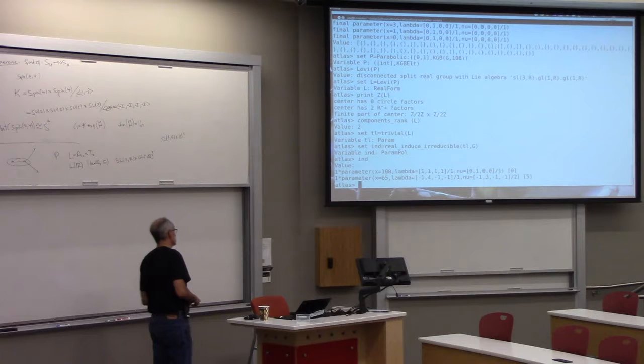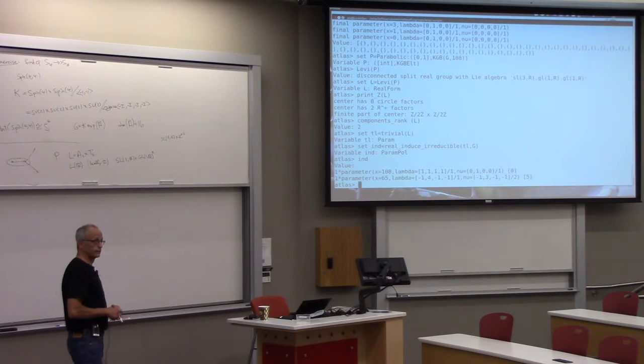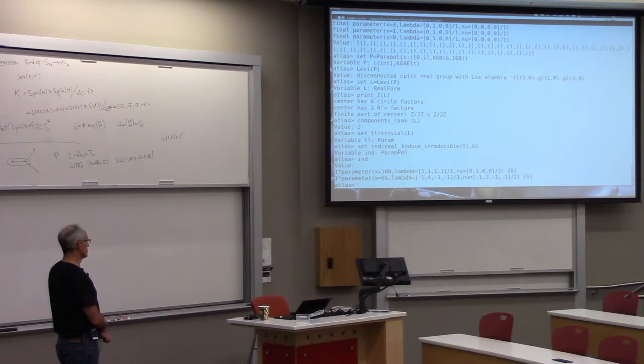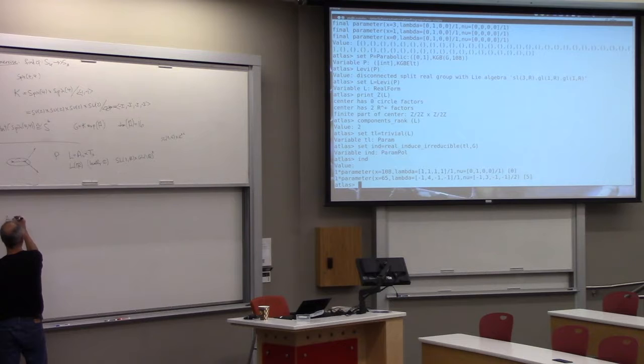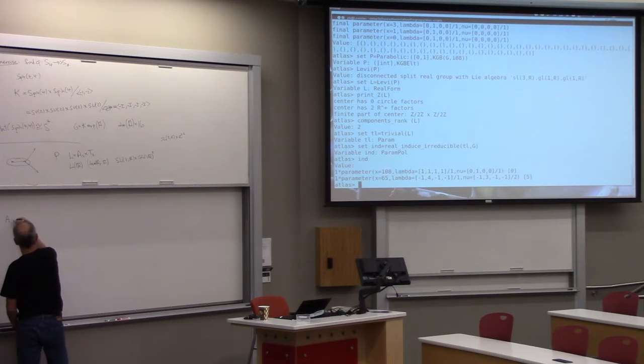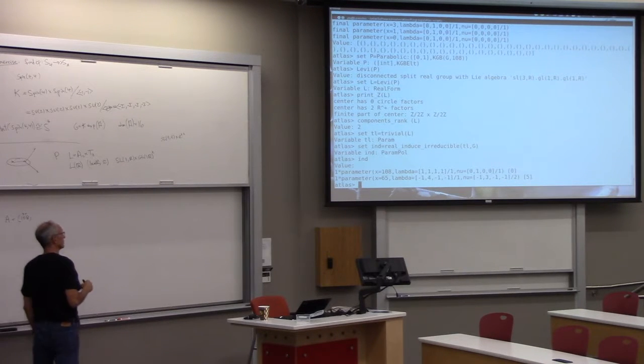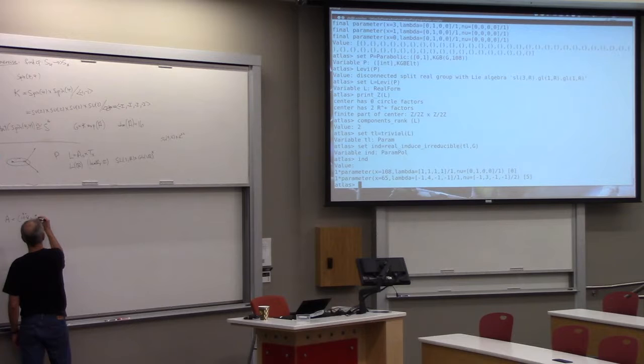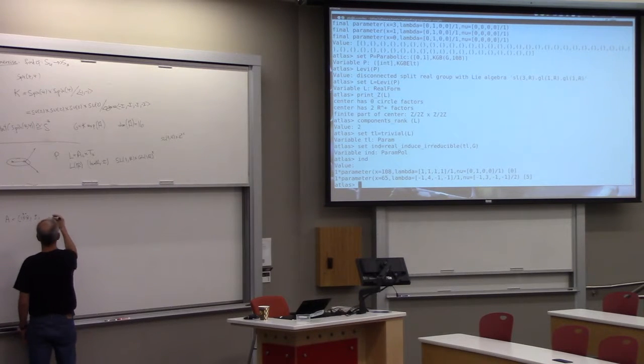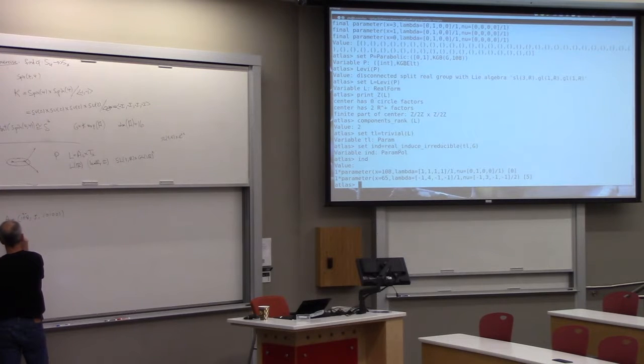So in is a direct sum of 2 irreducible representations, these 2 with these parameters. I called it A, the parameter with X equal to 108. That's rho, right? Lambda is rho. And nu is the root 0, 1, 0, 0. And there's another representation B, which has X equal to 65.